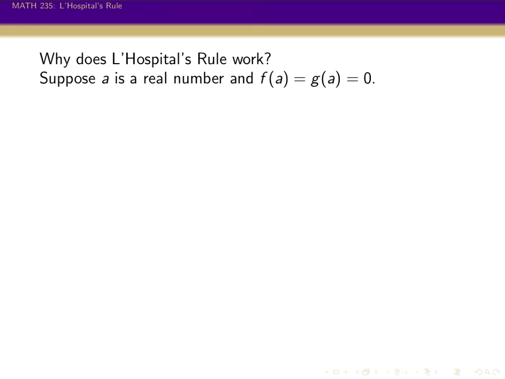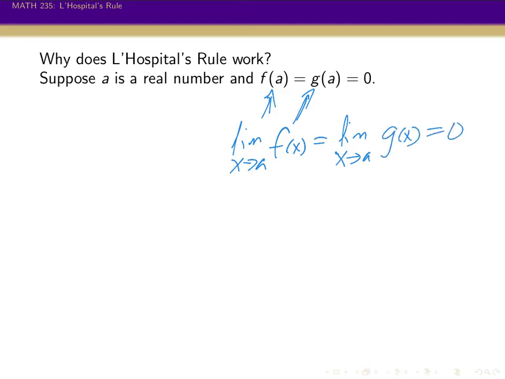And so this is saying that the limit as x goes to a of f of x and g of x are both 0. And so we'll work out this case. This is actually the simplest case, but you get a feel for why this is true, and you can go from here and figure out the other ones if you'd like to.